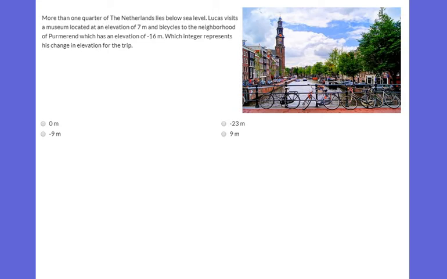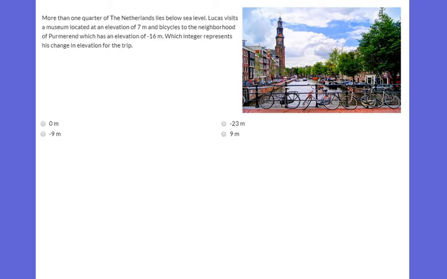Which integer represents his change in elevation for his trip? So he started at 7, then went to -16. They want to know his change in elevation. So he's dropping down, so obviously it has to be a negative.